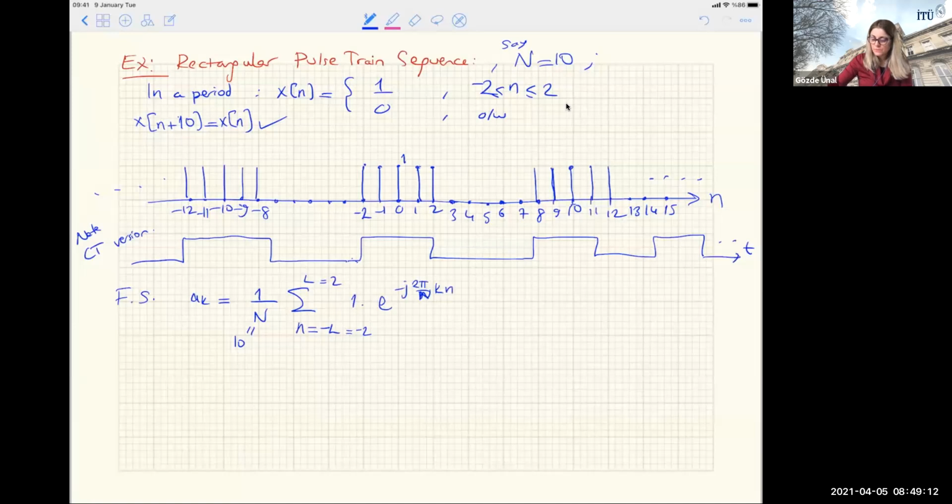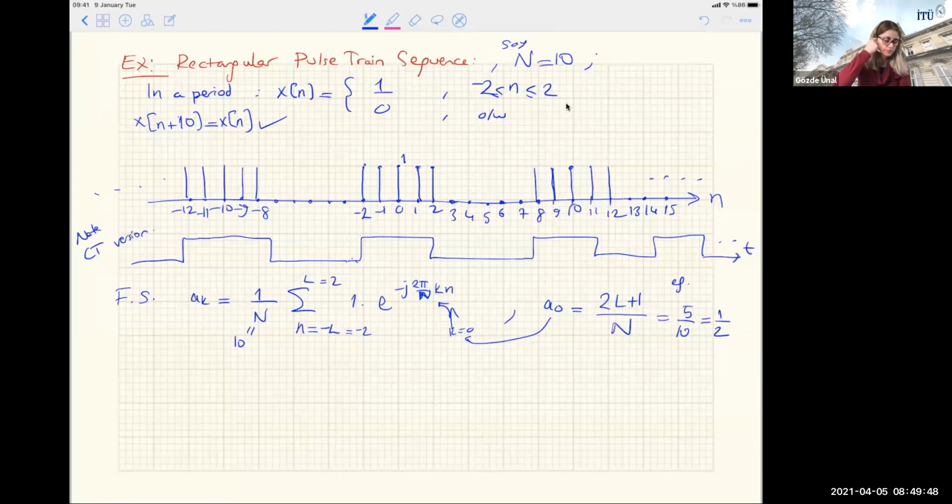So how can I find A0? A0 would be really just inserting k equals 0 here. Then that would be really the sum of 2L plus 1 of these ones over N, right? In this case, L is 2, so 5 over 10, which is 1 over 2.